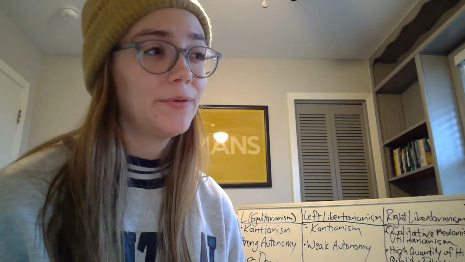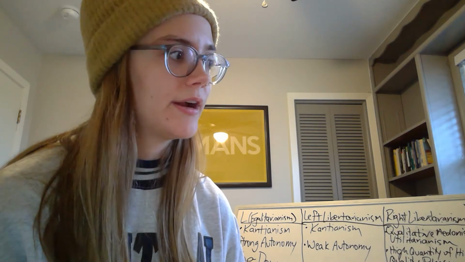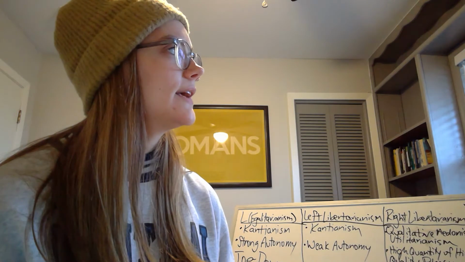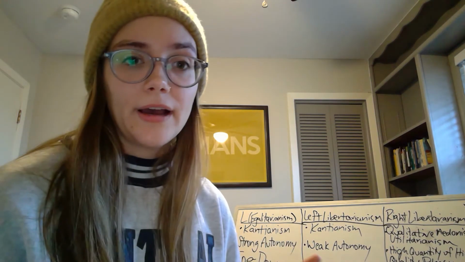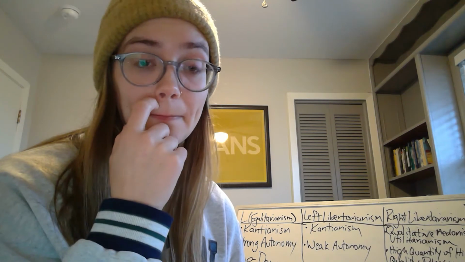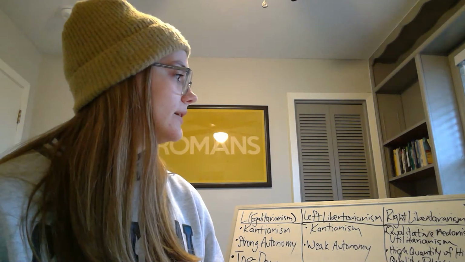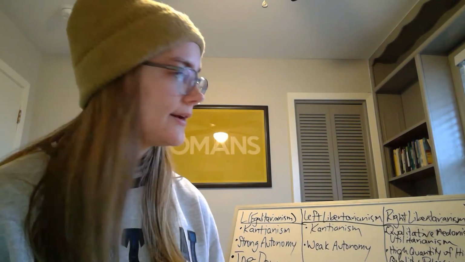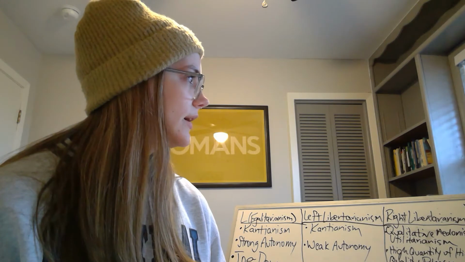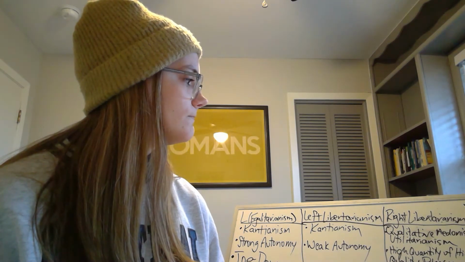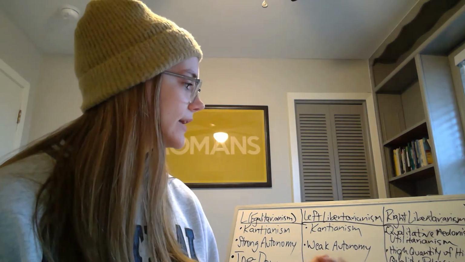I really don't know of any famous people that would be considered right libertarians. People don't know about it. And then you read Mill and it's like, oh, that actually sounds pretty good. And I think the distinction between left and right libertarianism is enough to make a difference. They're very similar, but I don't know.